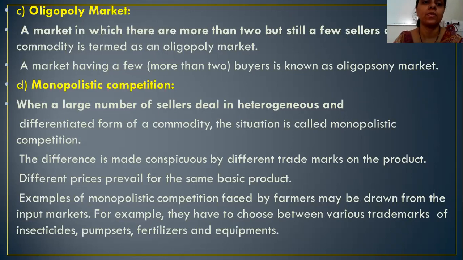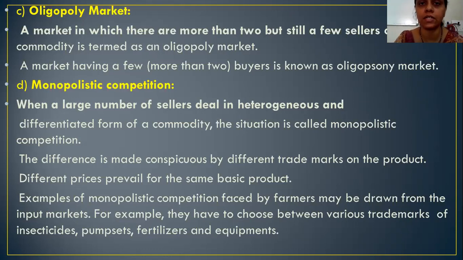Now the fourth type in imperfect market is monopolistic competition. When a large number of sellers deal in heterogeneous and differentiated forms of a commodity, then the situation is called monopolistic competition. Heterogeneous means different types of product, and for that product different sellers exist.